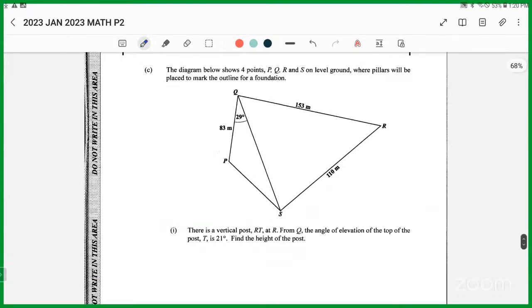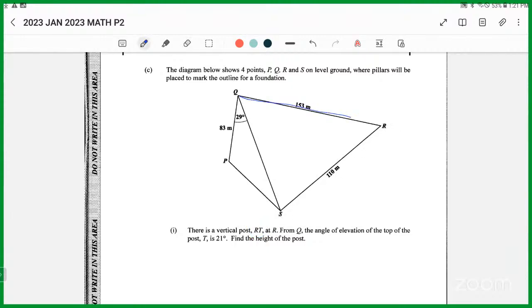There's a vertical post RT at R. From Q, the angle of elevation of T, the top of the post at R, is 21 degrees. Let me draw it over here.